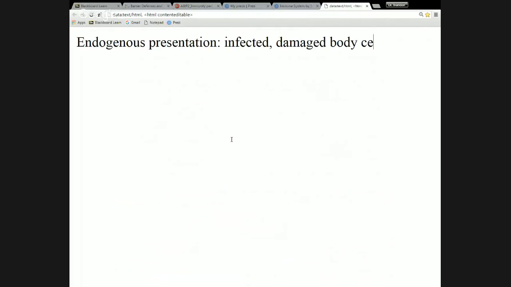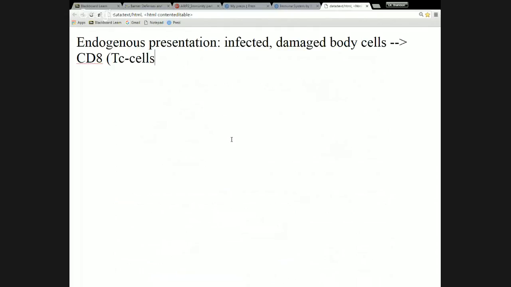So endogenous presentation to, maybe it this way, is infected or damaged body cells to CD8 or DC cells.